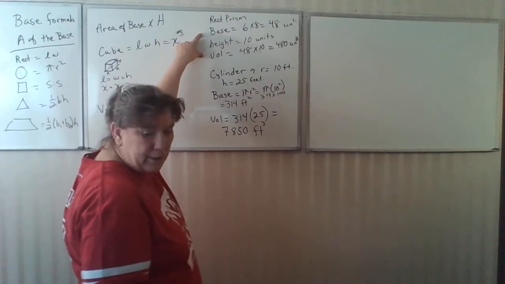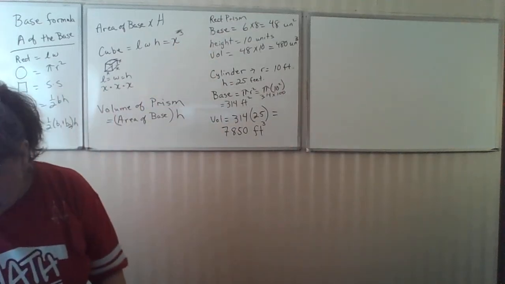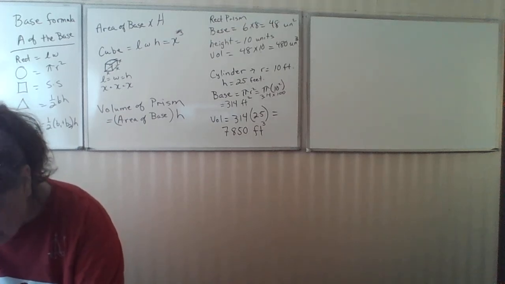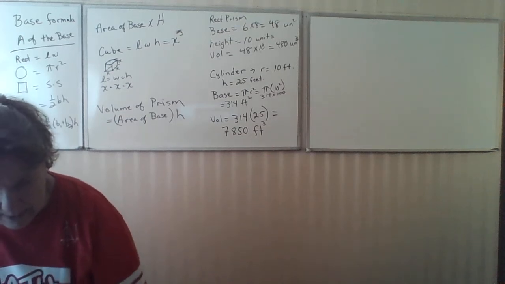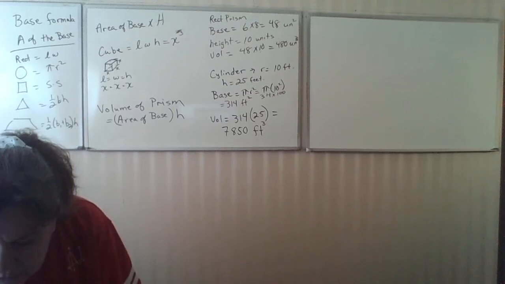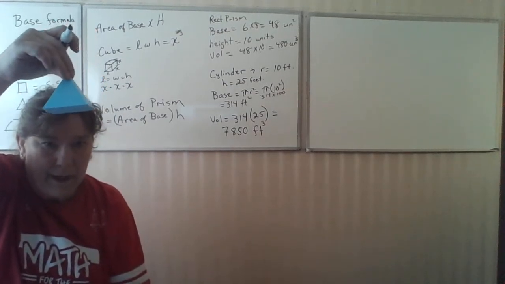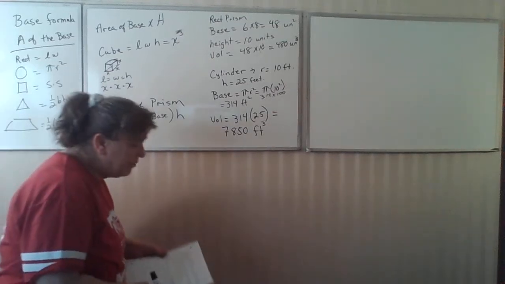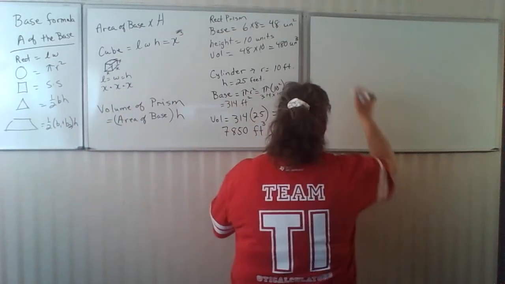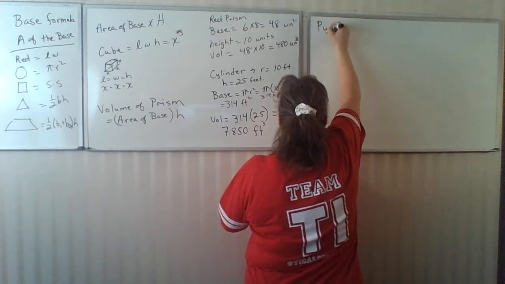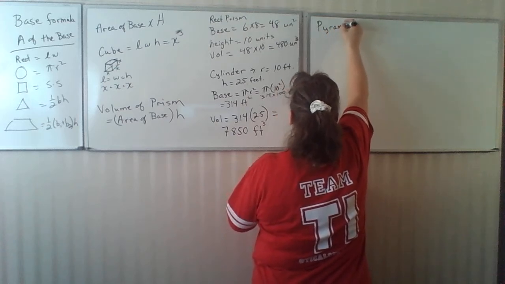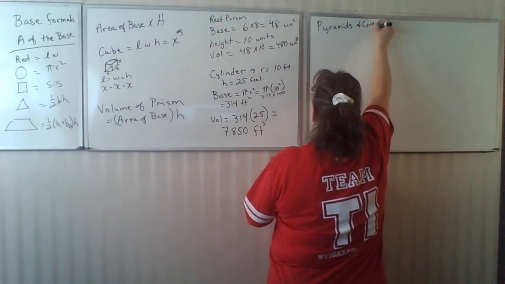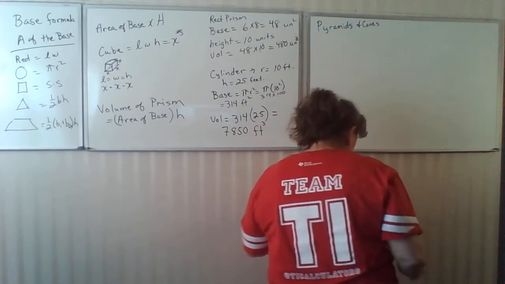Well, a rectangular prism will make a pyramid. And I don't actually have one of those here as an example. My closest is my square pyramid. Okay? That's a pyramid. So what are we going to find out about a pyramid? Pyramids and cones are based upon their equivalent prism and cylinder.